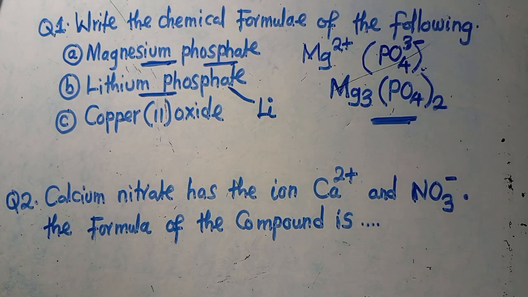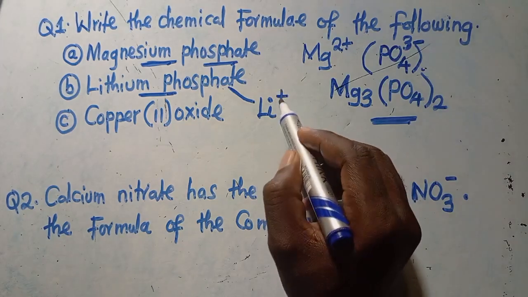Since these are called alkali metals, they are characterized by what? Having 1 electron in their outermost shell. Because of having 1 electron in their outermost shell, which they tend to lose, they become positively charged. So they just have a positive charge.